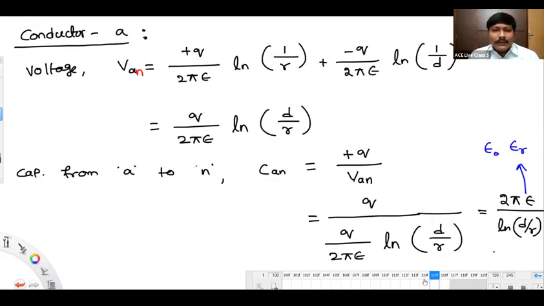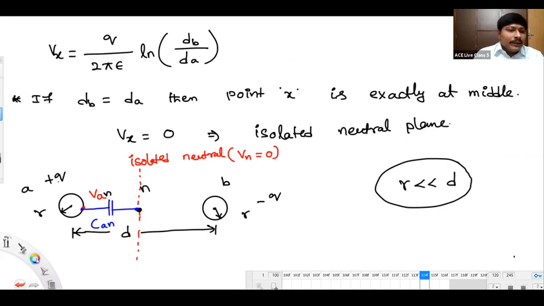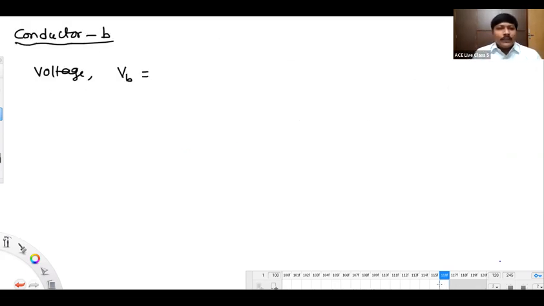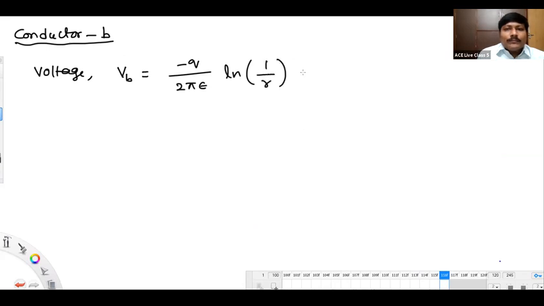First, you try to find this voltage because of its own charge. What is that? Minus Q by 2 pi epsilon ln of 1 by r, because of its own charge.